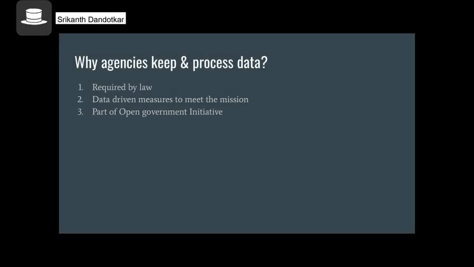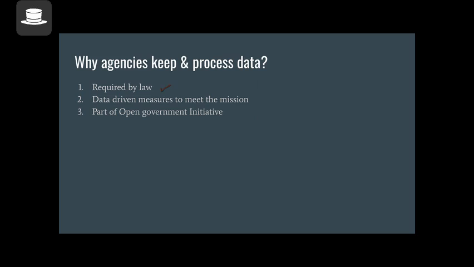So why do agencies keep, process, and publish data? Well, there are 3 reasons why they do it. They do it for one or more of these reasons. The first and most common reason has to do with the law.